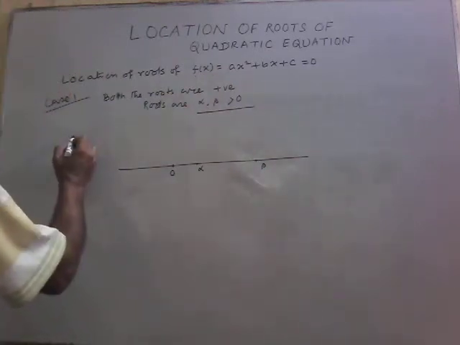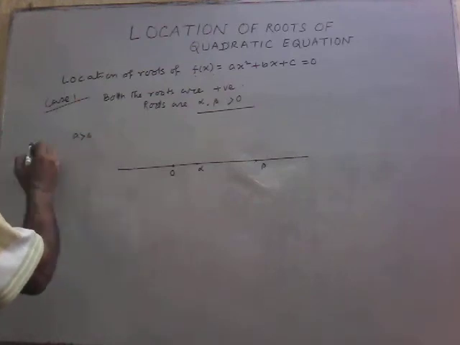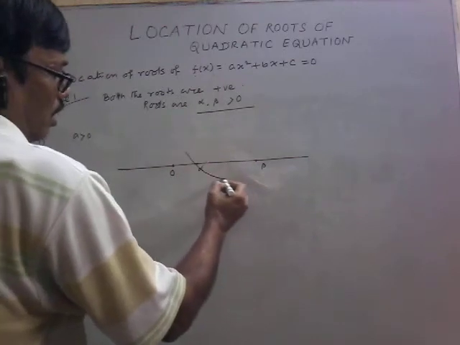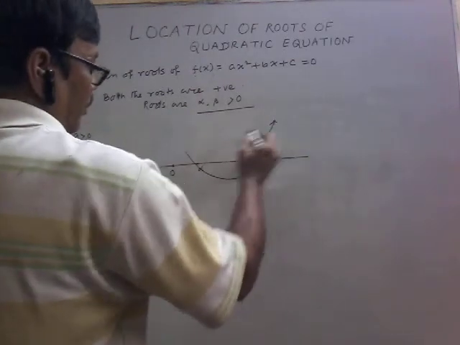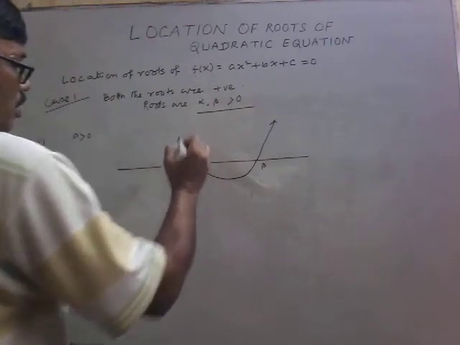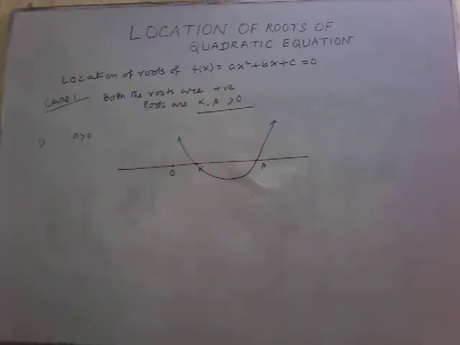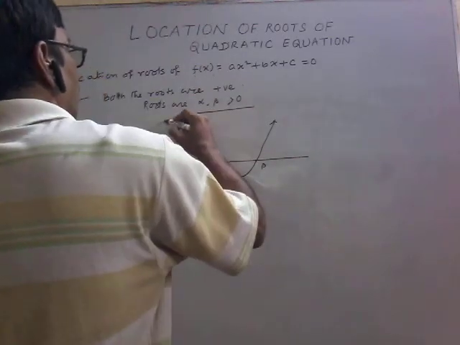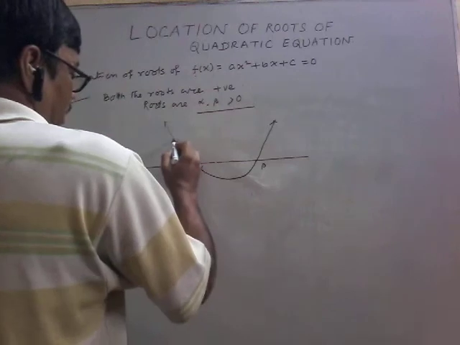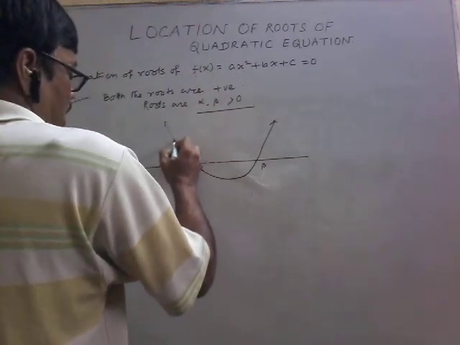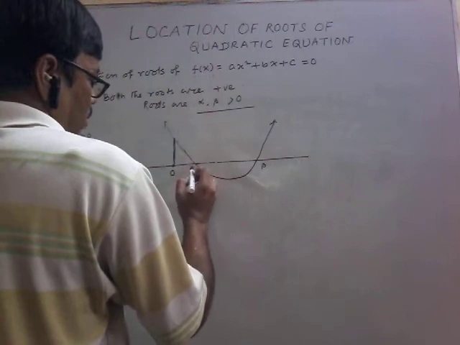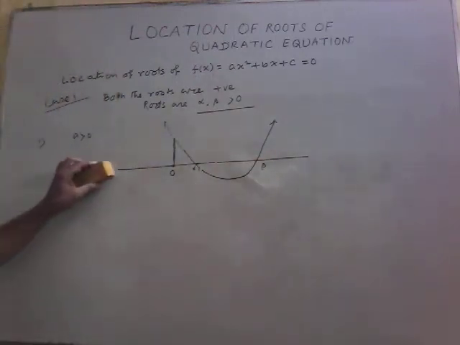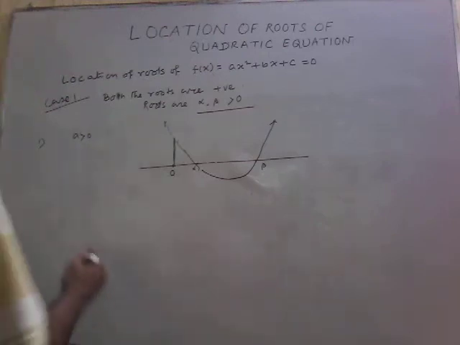If a greater than 0, in case 1, we get a parabola like that. So this is f(0), this is alpha, and this is beta.